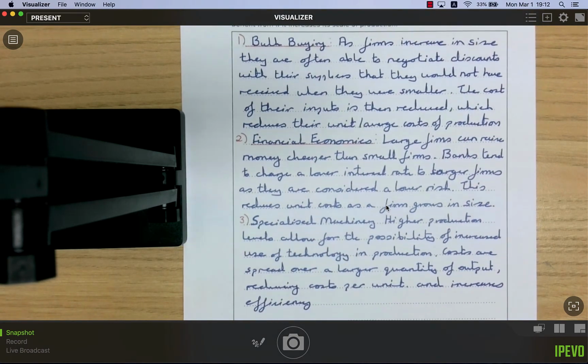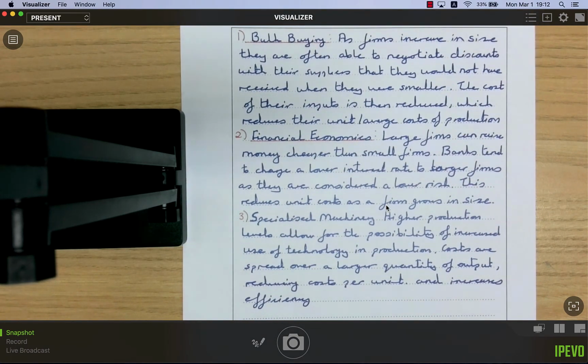The first one is bulk buying. As firms increase in size, they are often able to negotiate discounts with their suppliers that they would not have received when they were smaller. The cost of their inputs is then reduced, which reduces their unit or average cost of production. Economies of scale are, by definition, the reduction in the long run average cost as a firm or industry grows in size.